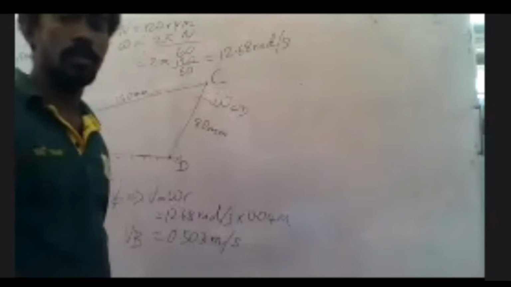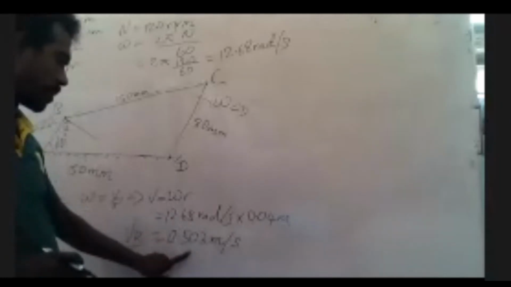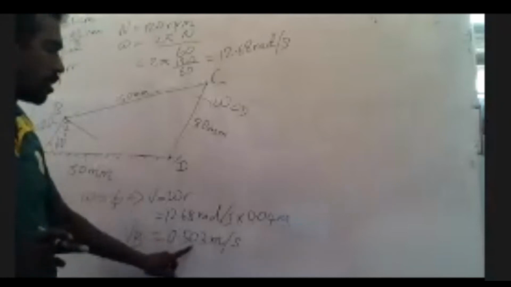Now we'll draw the velocity diagram. Velocities need to be drawn perpendicular to the link. This is AB, so perpendicular to this means this way, and the magnitude is 0.503. I need a scale factor to denote this, and it need not be the same as the earlier one; you can take another scale.